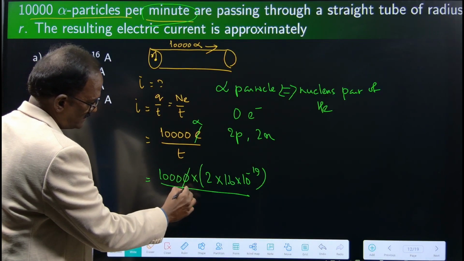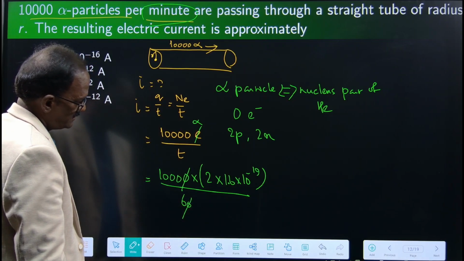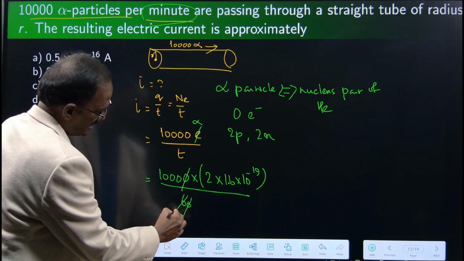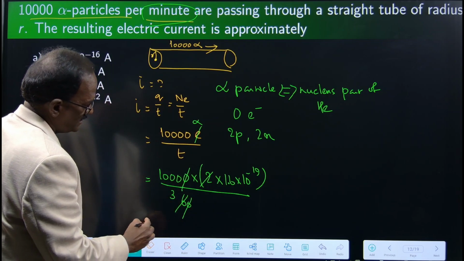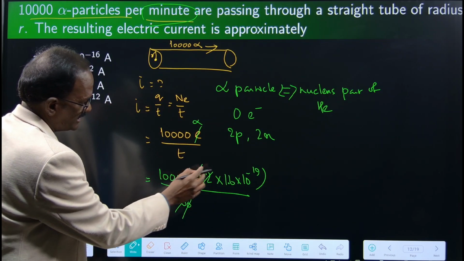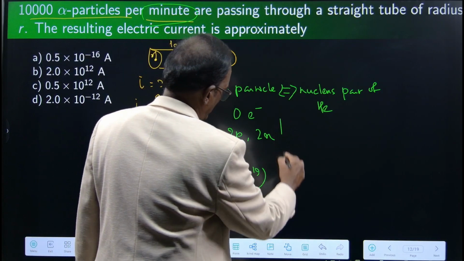So this can be made as 3. This is 10,000, 3 zeros, into 10 to the power of minus 19.